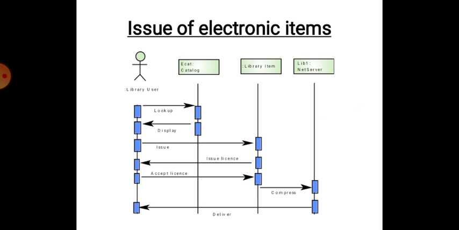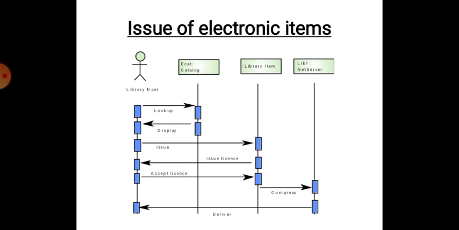On the very top you have library user, then you have the e-catalog, called catalog, then library item and the library net server, and below that you can see how the exchanges take place. First, there is a timeline from top to bottom.